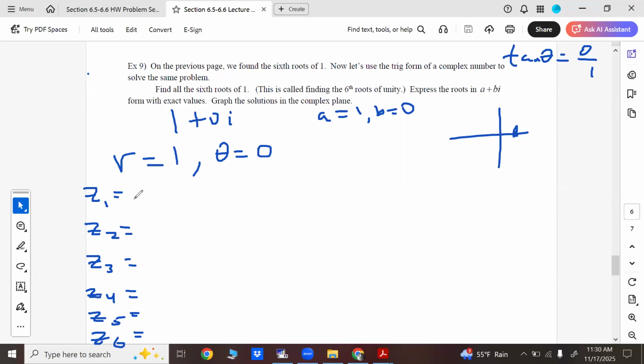So we're going to do the 6 roots of r times bracket cosine, and you're going to do theta plus 2 pi k, 0 plus 2 pi k.